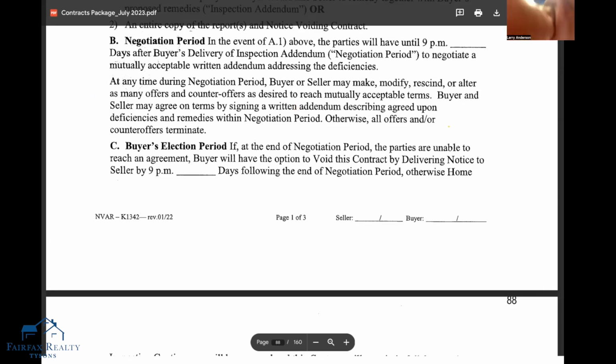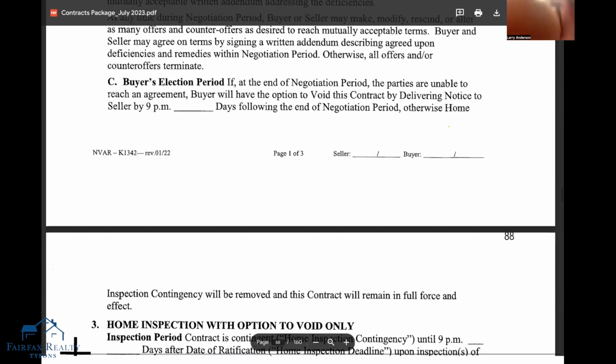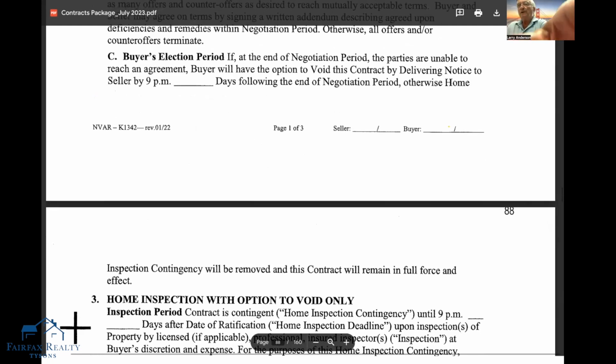Because once you get into this negotiating period, which has nothing in writing, and the parties are unable to reach an agreement, your buyer has an option to what? Void the contract by delivering notice to seller by 9 p.m. Give them 3 days if you can get it, following the end of the negotiating period.